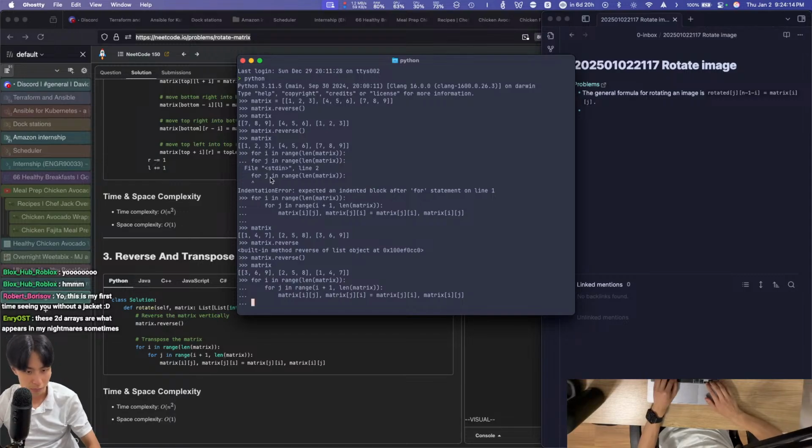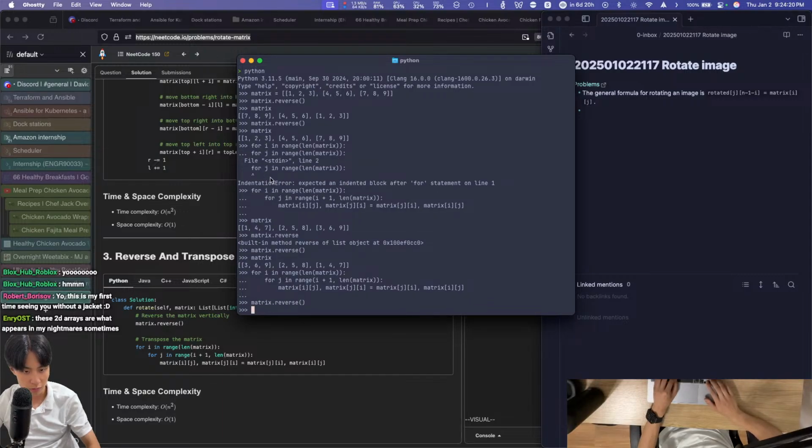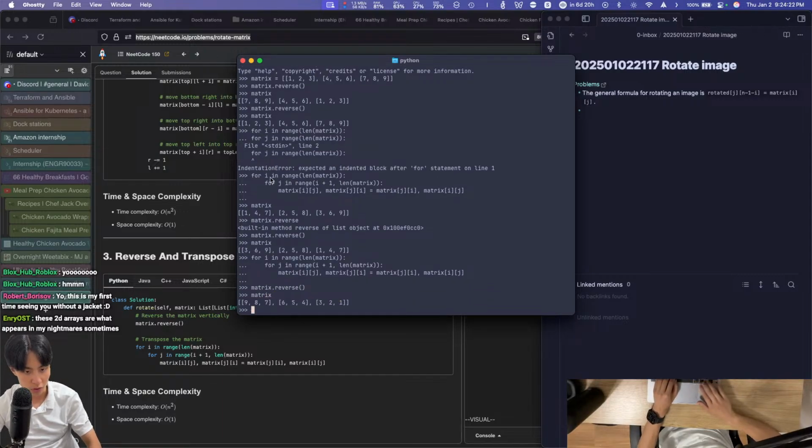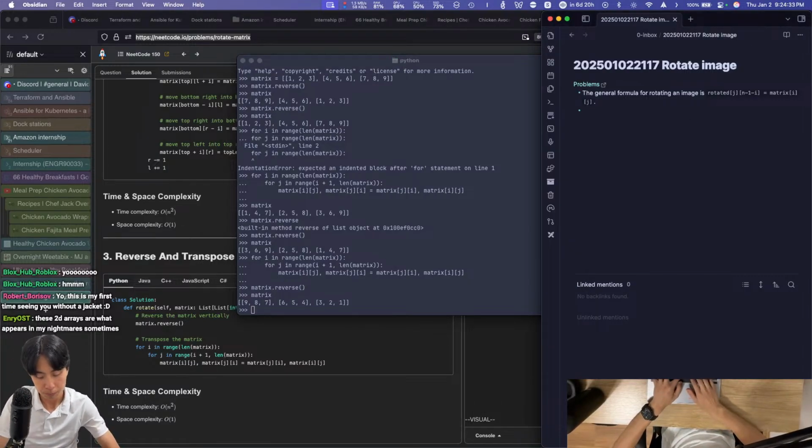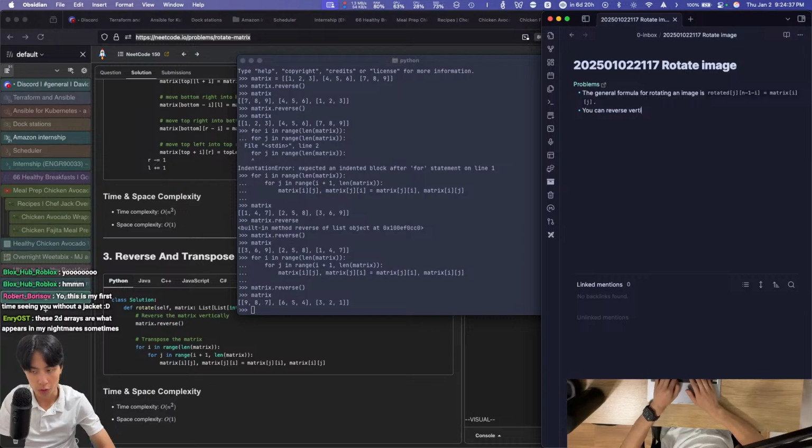Still going the opposite way. And then I did a matrix reverse again. What's matrix? 7, 8, 9, 8, 7, 6, 5, 4, and 3, 2, 1. Okay. That's nice to know. So you can reverse vertically, then transpose to rotate left.